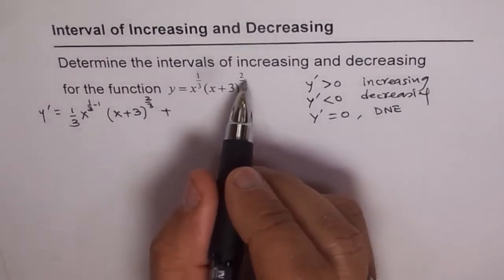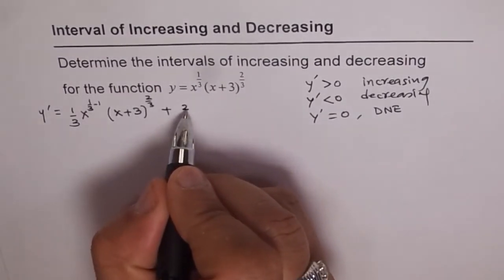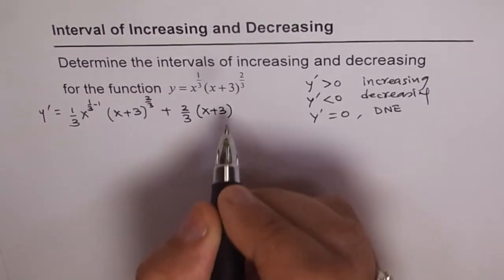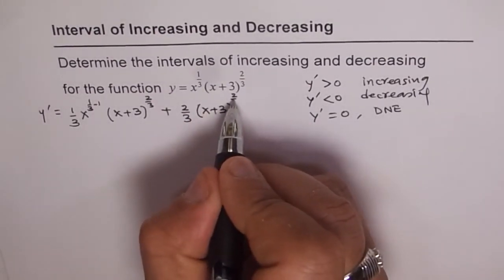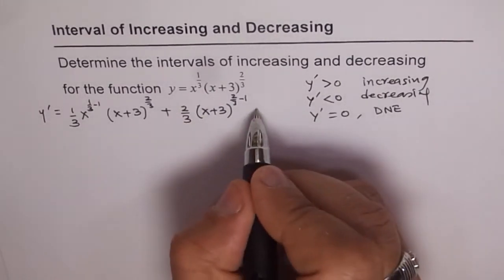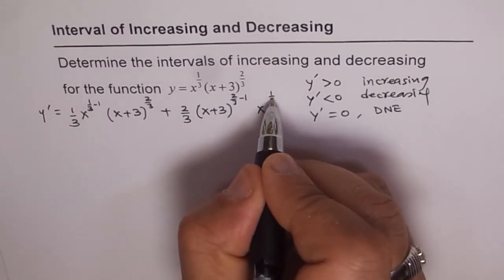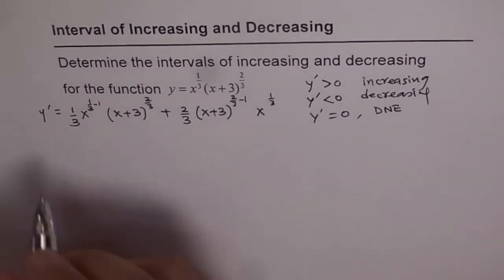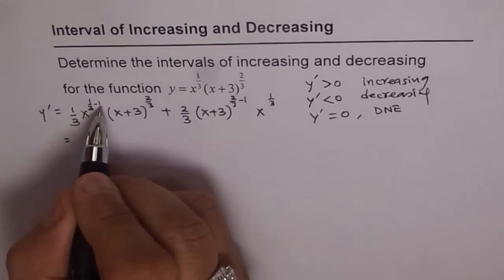So the derivative of the second function is 2 over 3 (x plus 3) to the power of 2 over 3 minus 1, times the first function, which is x to the power of 1 over 3. So we get a complicated equation with all the radicals. So first step, let's solve these radicals.